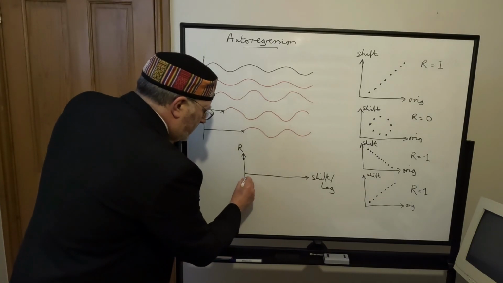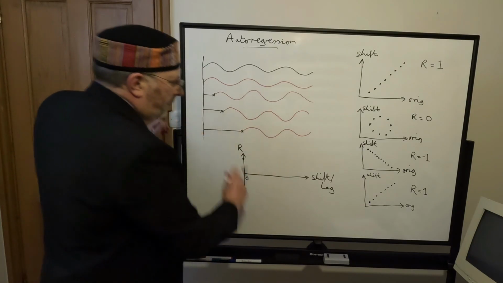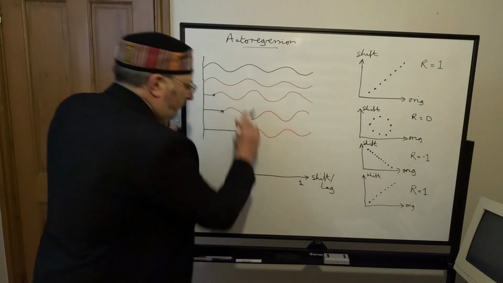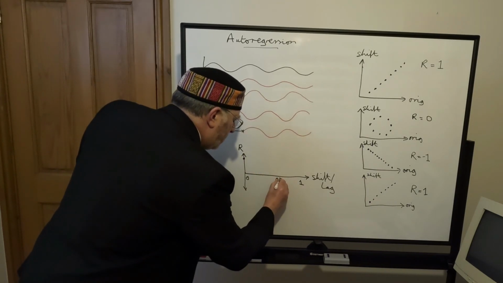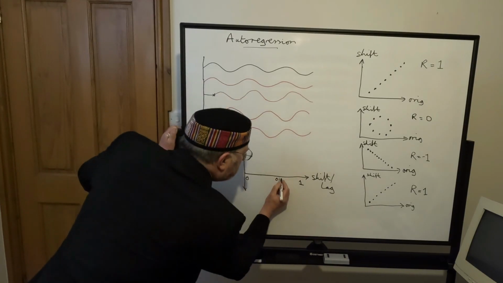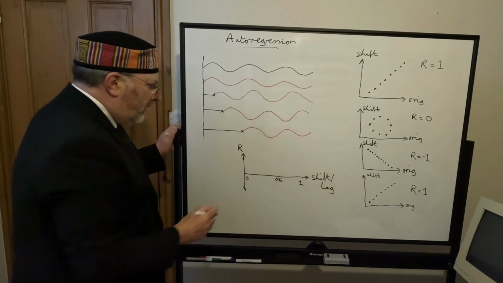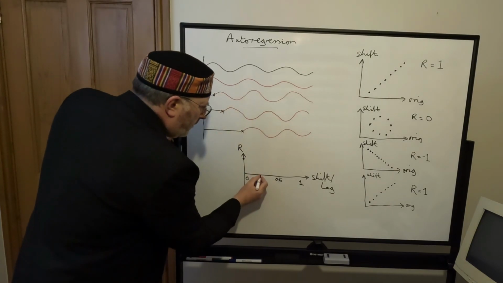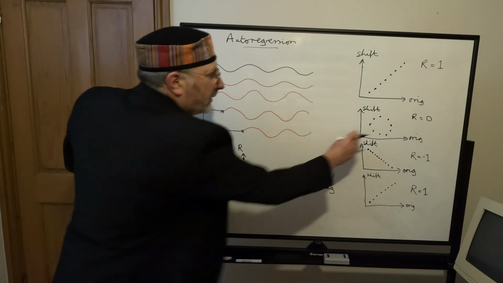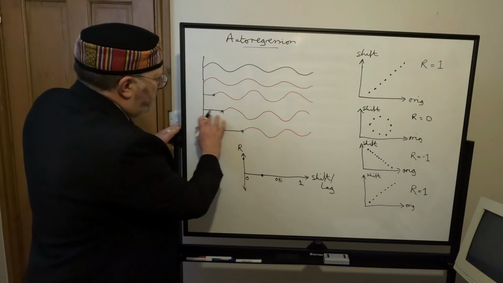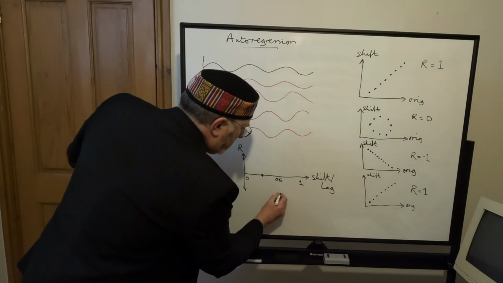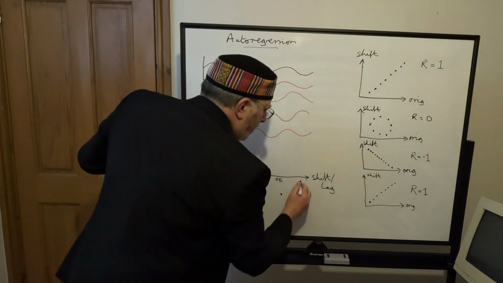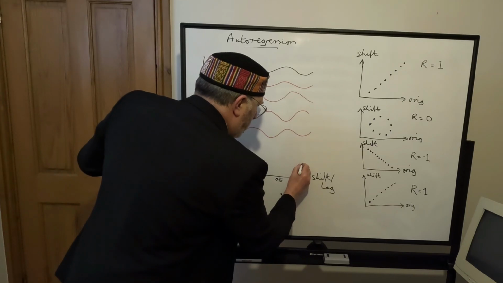And let's say we can label this, if that's a whole cycle, so I'll call that just 1. This is a half. So this was in fact shifted by a quarter of a cycle. We said when it's shifted by a quarter of a cycle, the correlation coefficient is 0. This is shifted by half a cycle, the correlation coefficient is -1. And then I shifted it by a whole 1, and the correlation coefficient is back to 1.